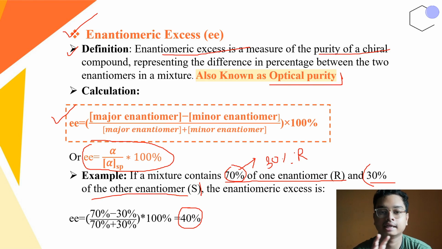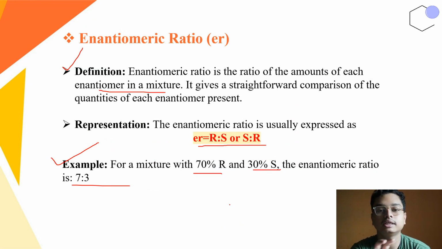So the resultant optical activity that we observe is due to this particular 40% of pure R enantiomer. Similarly, enantiomeric ratio tells about the ratio between the R compound and the S enantiomer. So simply, if the particular solution contains 70% R and 30% S, the enantiomeric ratio is 7:3.